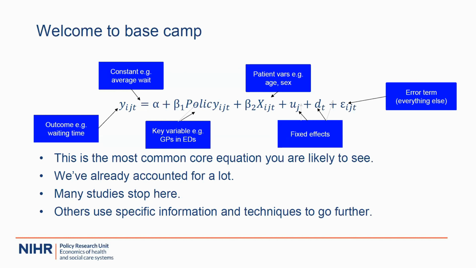So often we have to stop at this point and say, well, what does beta tell us now, that key coefficient? It tells us that when the policy is present, our outcome of interest, waiting time, changes by an amount. And we can say something about how large that is and whether it is likely to not be zero. But we can't say with a great deal of confidence that the cause of the change in Y is X itself.